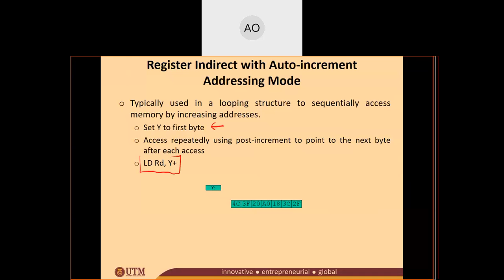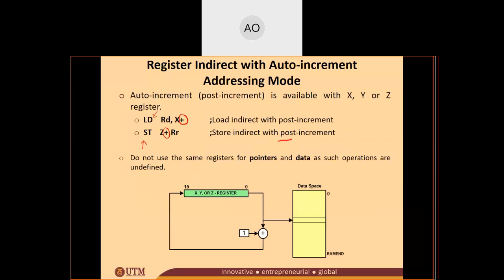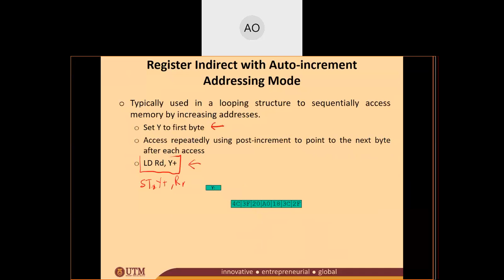The syntax is LD Rd, Y+. If you're going to store the data, the syntax is ST Y+, Rr. Later we will see the examples for this auto increment and auto decrement.